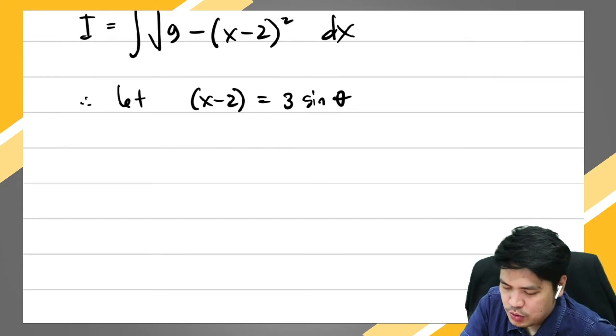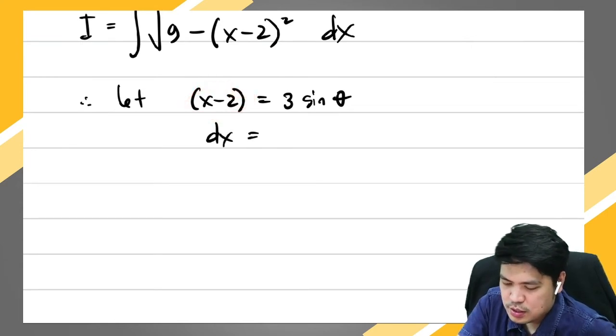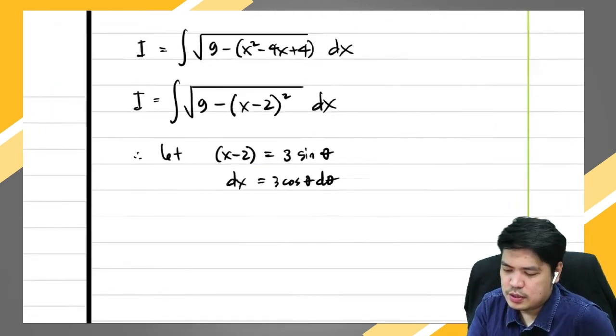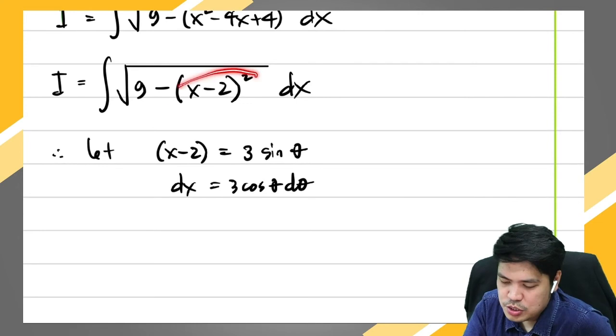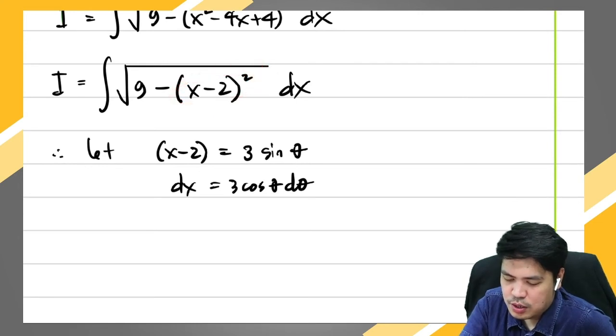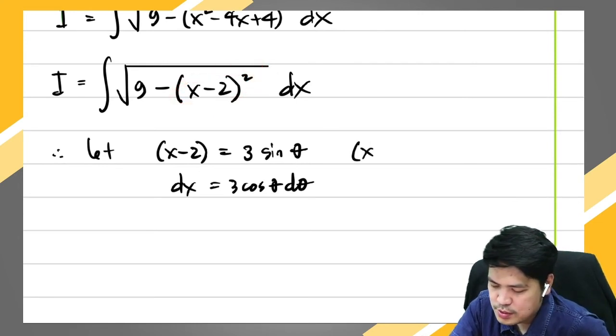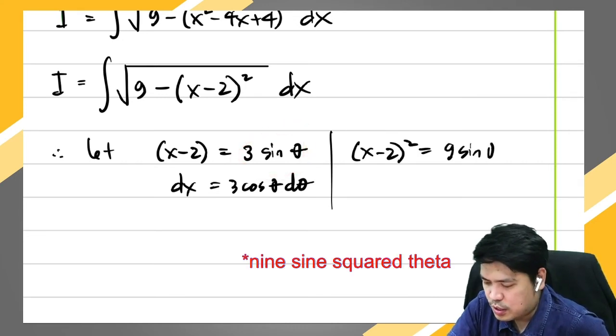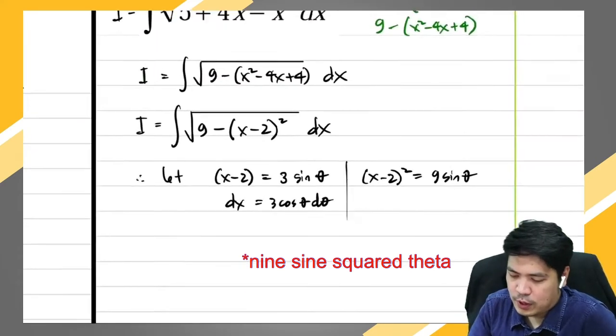So it follows that dx, so derivative of this, that is just dx, is equal to 3 cosine theta d theta. Ganun lang. And since lumabas yung x minus 2 squared, so therefore x minus 2 squared is just equal to the square of this, which is 9 sine squared theta. Okay.